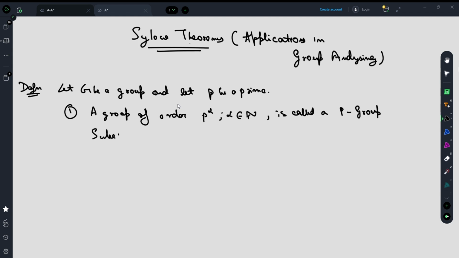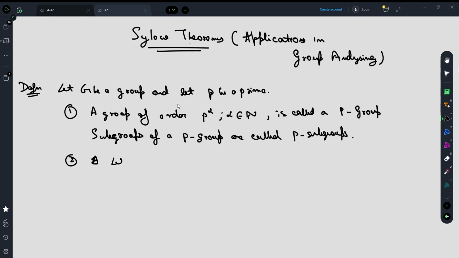Subgroups of a p group are called p subgroups. Clear? Number two. Let G be such that the order of G is p to the power alpha times m, such that p does not divide m.